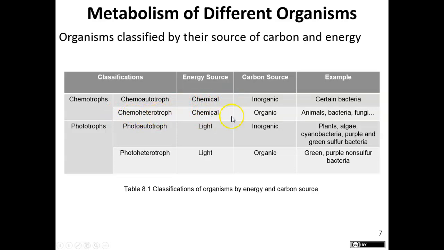If you're a chemoheterotroph, you use organic carbon and the chemical source of energy again. If you're a photoautotroph, then you use light energy. And if you're an autotroph, again, inorganic carbon, heterotroph, organic carbon. And I gave you some examples of those different organisms over here.